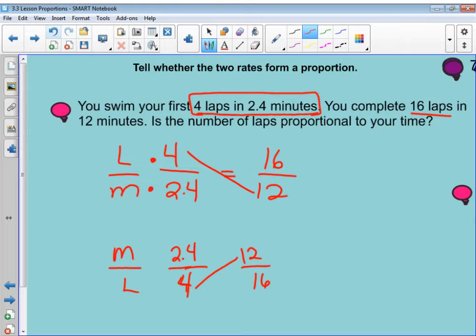See how we're still doing, if you're doing cross multiplying, 12 times 4 is 48, and 2.4 times 16 gives me 38.4. Okay, so in this situation, are they proportional? No, they're not the same. Okay, so this would be a no. They are not proportional.